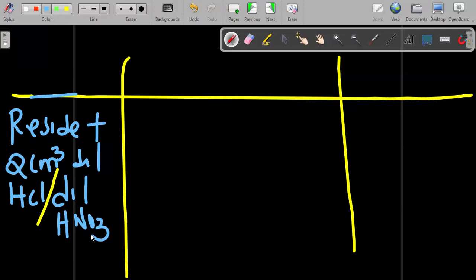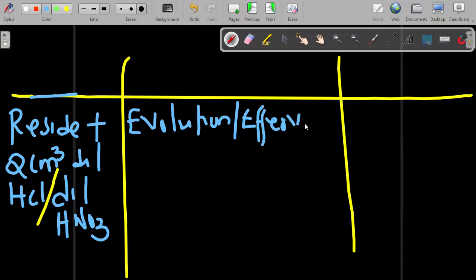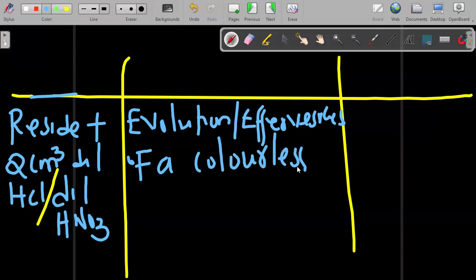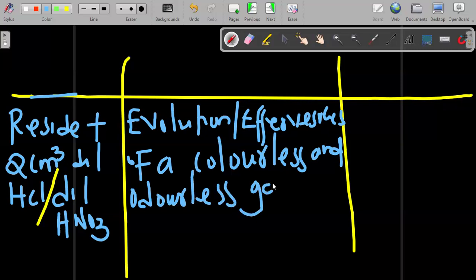The result will be what? The same. So what are we going to see? We're going to see evolution, also called effervescence, of a colorless and odorless gas.